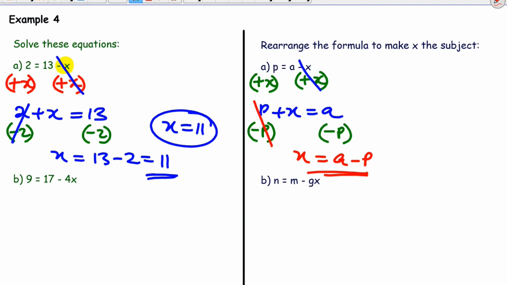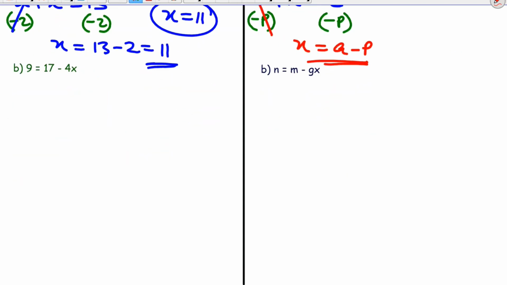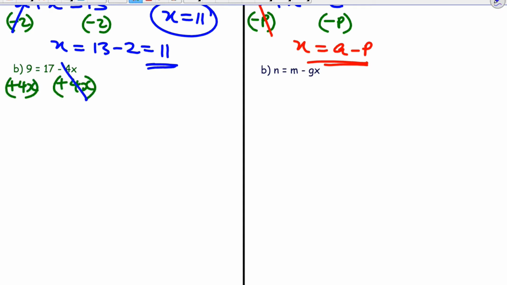We can apply the same process to these two questions. So b on the left. So this will be equal to 0. So what we shall be left with is 9 plus 4x is equal to 17. And then the next step will be subtracting 9 from each side, because you want to be left with 4x on one side. 9 minus 9 is 0.